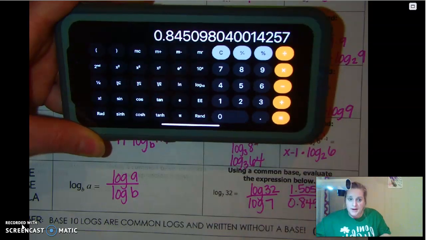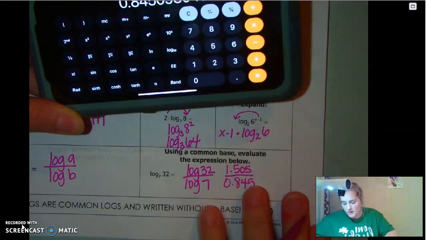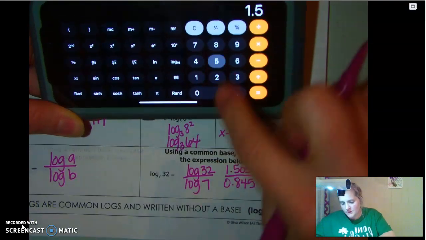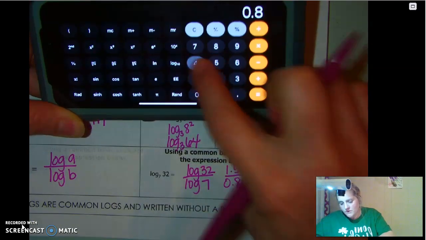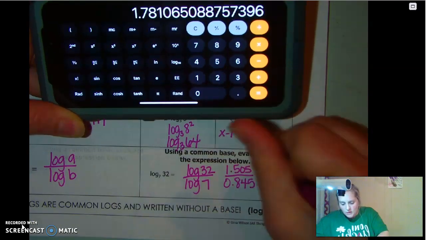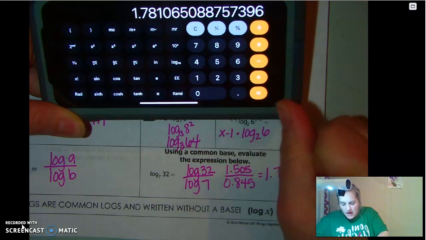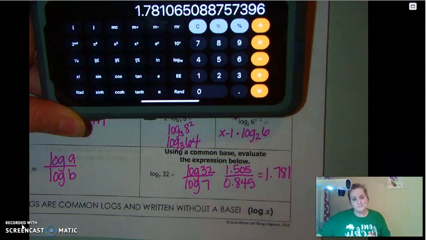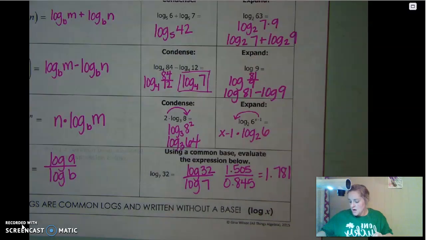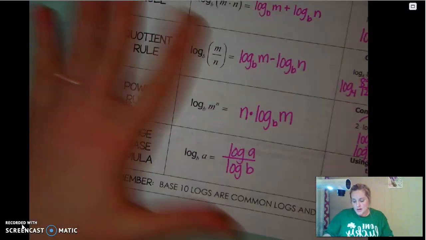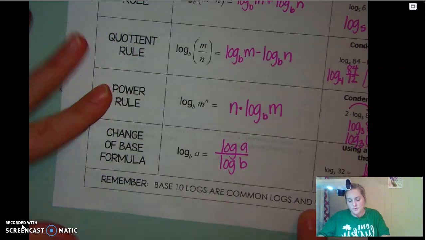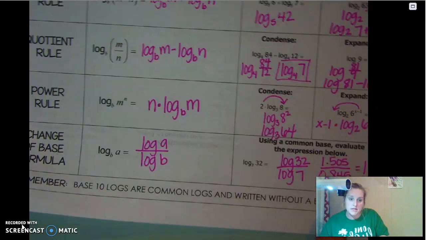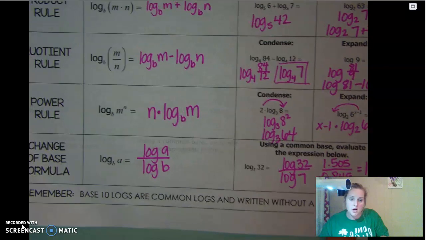Then you just divide that, just like normal, so 1.505 divided by 0.845. That equals 1.781. Okay? And then the last thing at the bottom says, remember, base 10 logs are common logs and written without a base. So if it doesn't have a base number there, it's your common log.